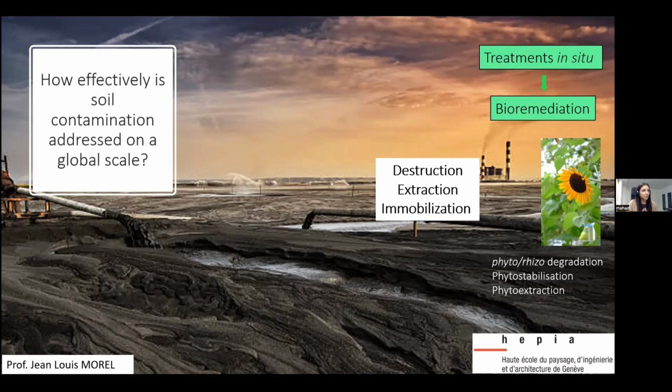In general, we use bioremediation, and here we count on the plants and their associated microorganisms in the rhizosphere, and their ability to degrade, stabilize, or extract the contamination from the soil.